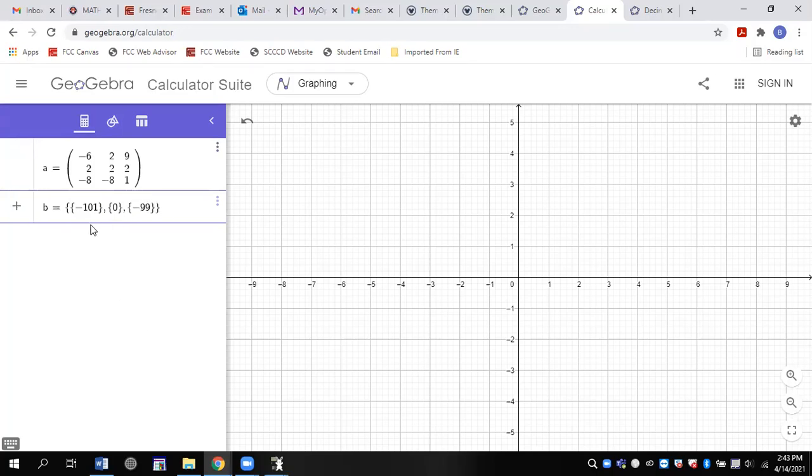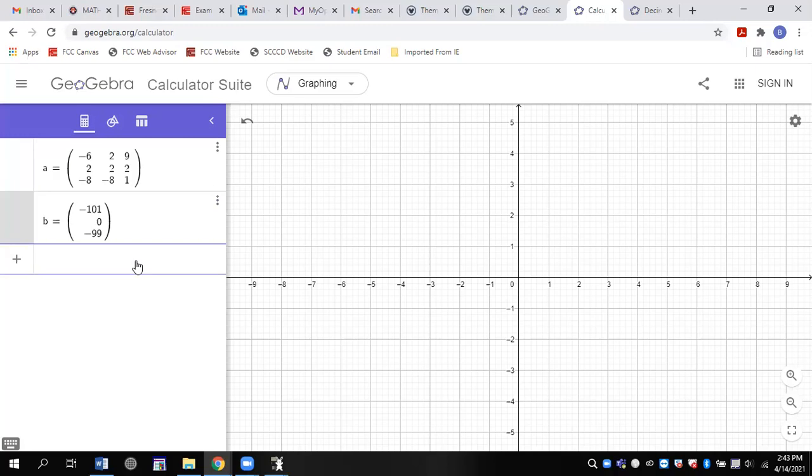Negative 101, 0, and negative 99 each have to have their own curly bracket separated by commas. Why? Because they're each a row. It goes down. So each one of those is a sideways row by itself, right? Enter. If you do it sideways, it won't work. You got to do it this way.